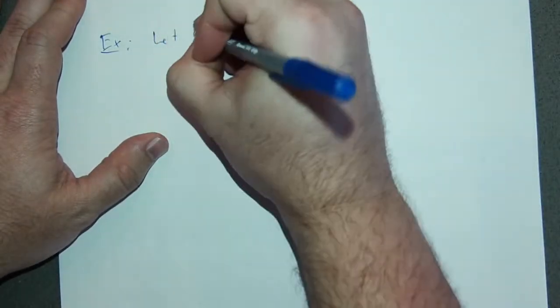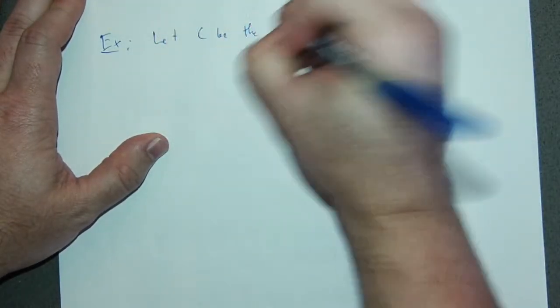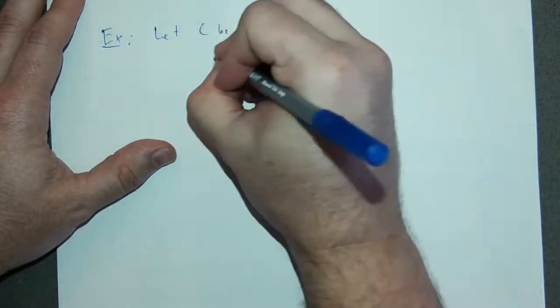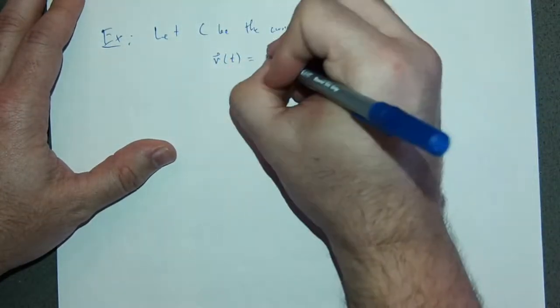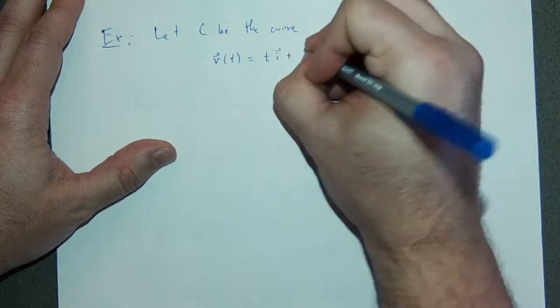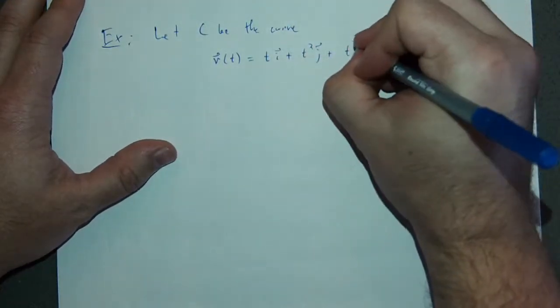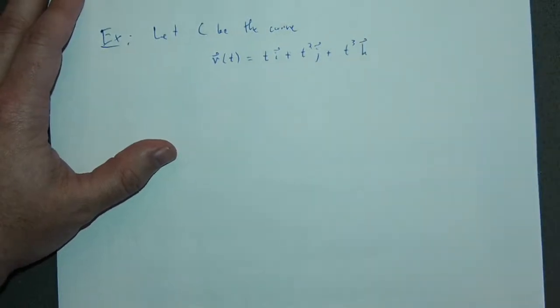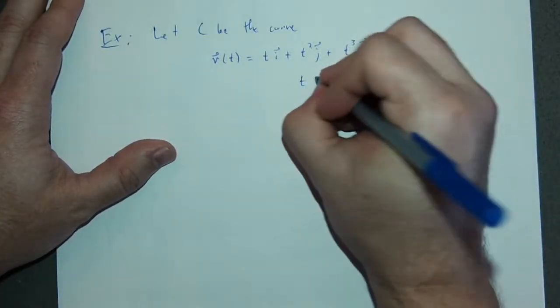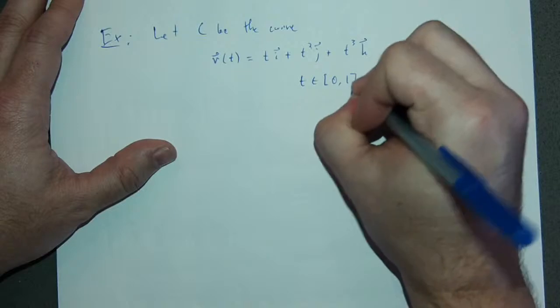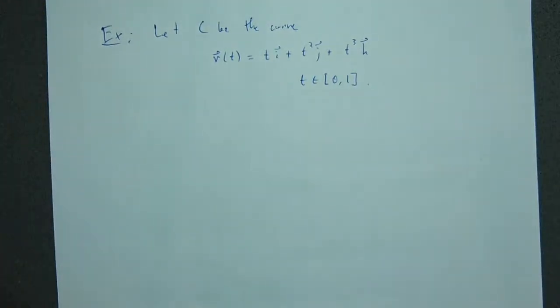So here's the example. Let C be the curve. This is the twisted cubic we've talked about before. Here's the parameterization of C: t i plus t squared j plus t cubed k, and t lives in 0 to 1.